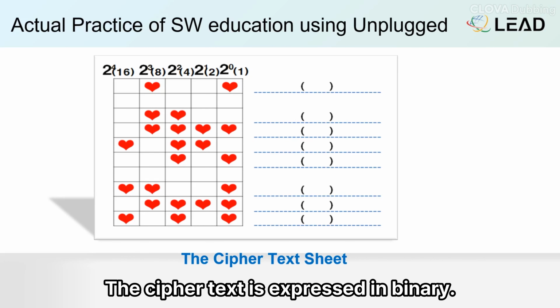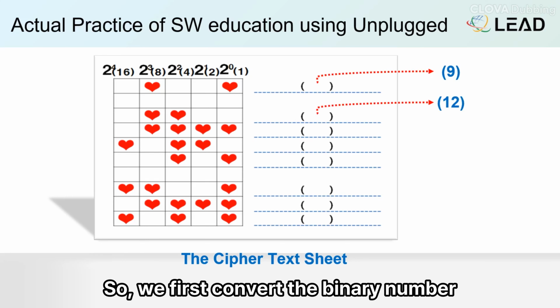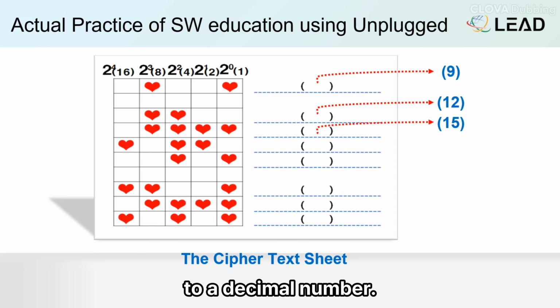The cipher text is expressed in binary. So, we first convert the binary number in the cipher text to a decimal number.